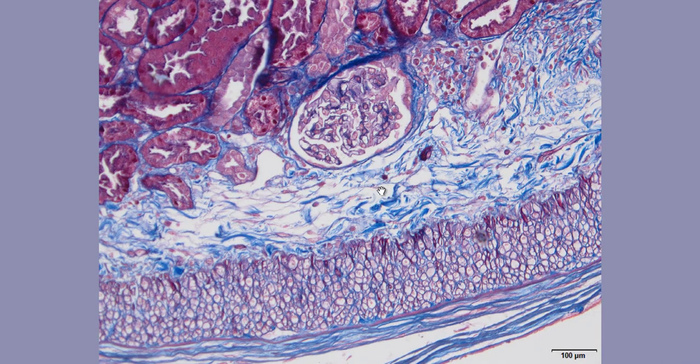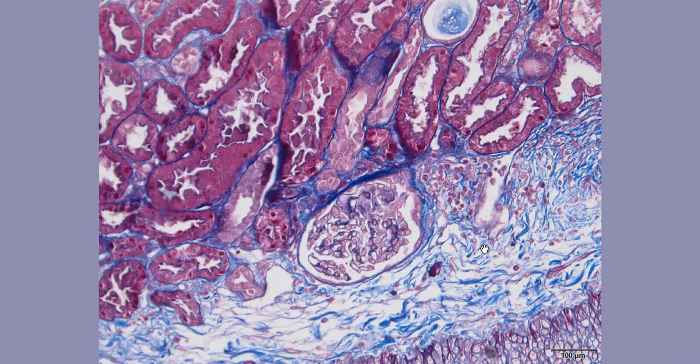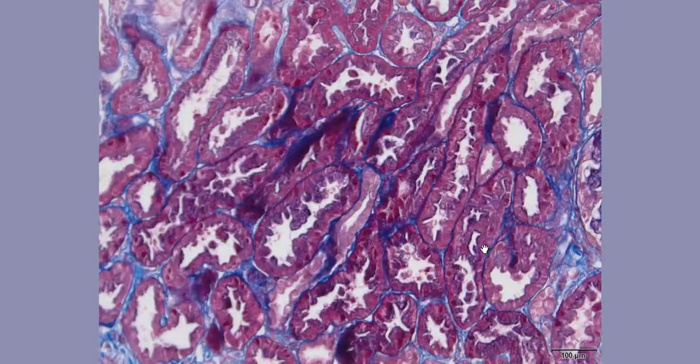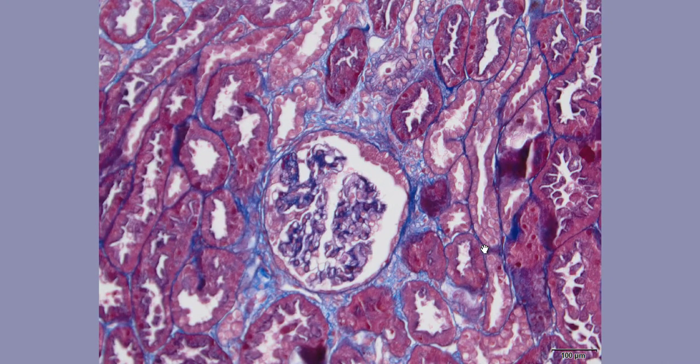Let's zoom in. I can again see some parietal epithelial cell hypertrophy over here, and I'm going to move on. See this glomerulus, we can actually now appreciate that there is an area of segmental sclerosis. There's even hyalinization at the point of adhesion to the Bowman capsule. The parietal epithelial cells are hypertrophied as well as the podocytes here.